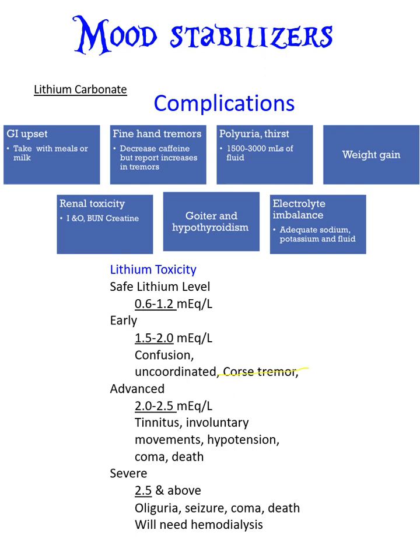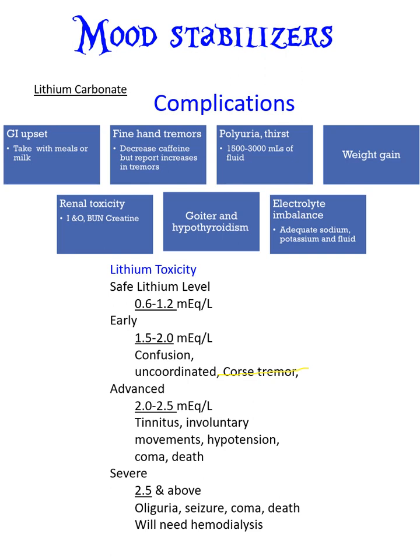Polyuria and thirst. Remember, we want to stay well hydrated because sodium impacts our lithium levels. So we want to make sure we have adequate sodium and adequate water intake. We can get weight gain. We can get renal toxicity, so we want to monitor that INO, BUN, and creatinine.